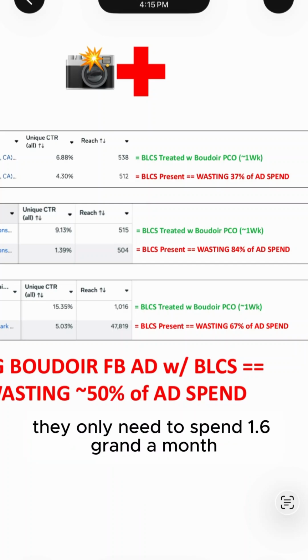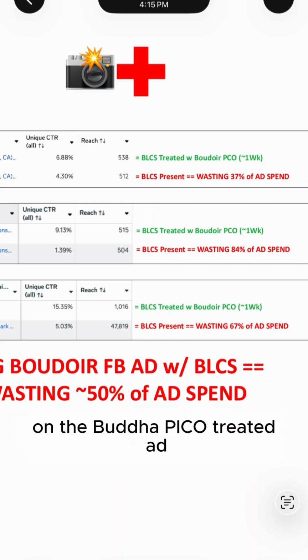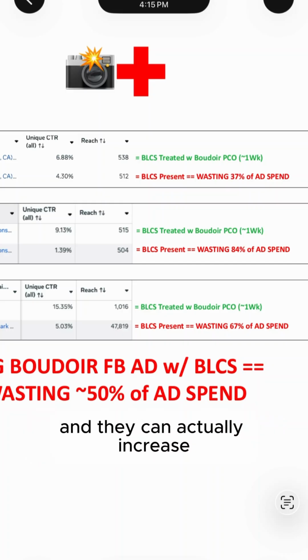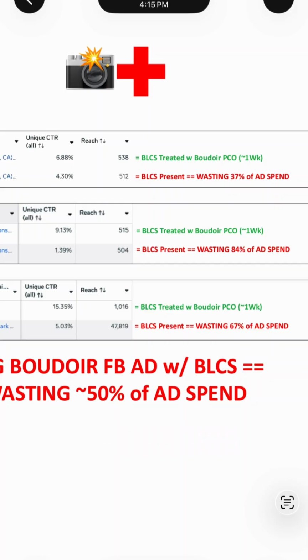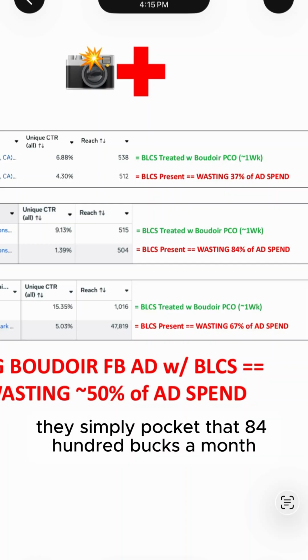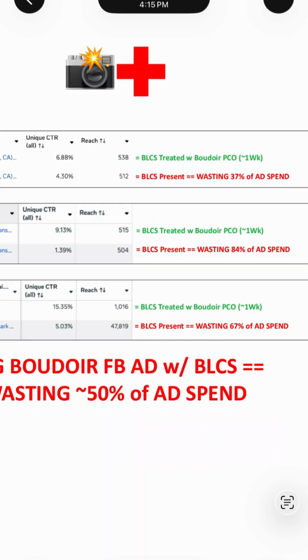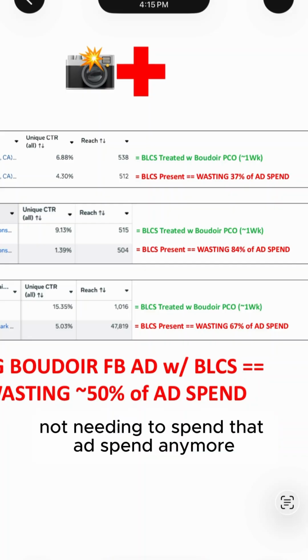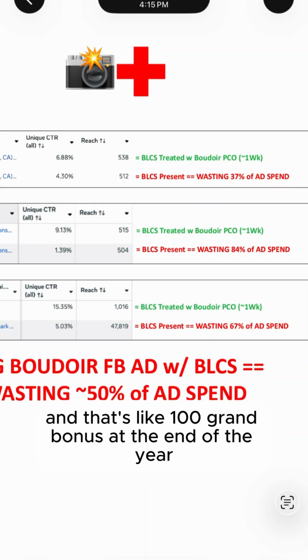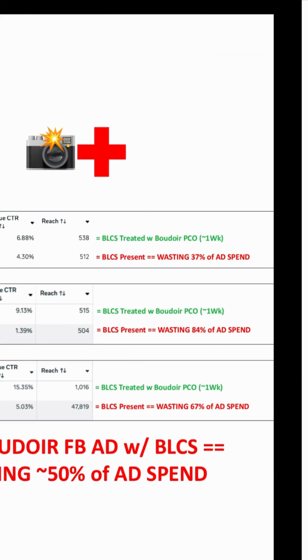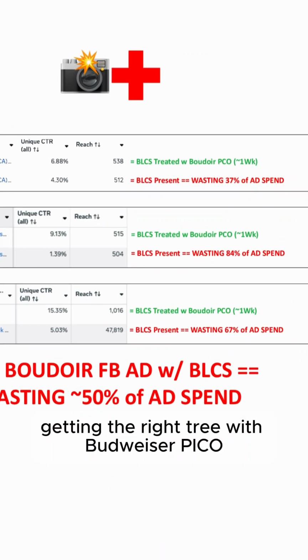Now they only need to spend 1.6 grand a month on the boudoir Pico treated ad, and they can get their ad into the same number of women's brains in both scenarios. So they simply pocket that $8,400 a month, not needing to spend that ad spend anymore, as a phantom bonus, back in their pocket, no extra work required, and that's like a 100 grand bonus at the end of the year by simply getting their ad treated with boudoir Pico.